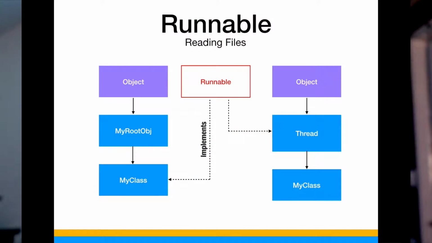Java has been built in with multi-threading in mind. And that was one of the big improvements from the old days where in C you had to handle things pretty much by yourself. Here, Java provides 2 entry points. The easiest way is to just have your object inherit from the thread class.